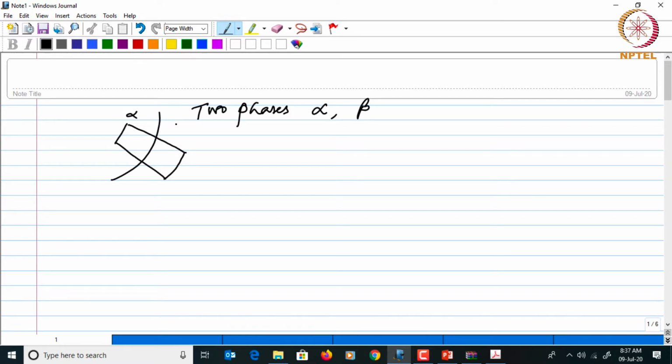This side is alpha, this side is beta, and this is the interface which separates these two phases. Okay, let the volume of the phase alpha be V alpha, and that of phase beta be V beta. Okay, we are also going to use a set of terms, so let me first define those terms before we proceed.